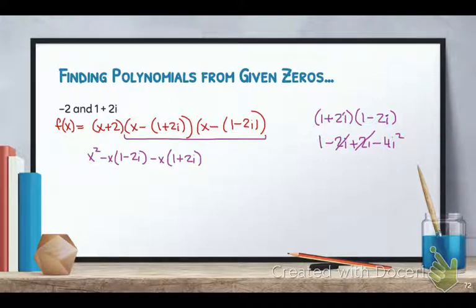I also know that i squared equals negative 1, so substituting makes that 4 positive. So 1 plus 4 equals 5, and that whole part is just going to be 5.